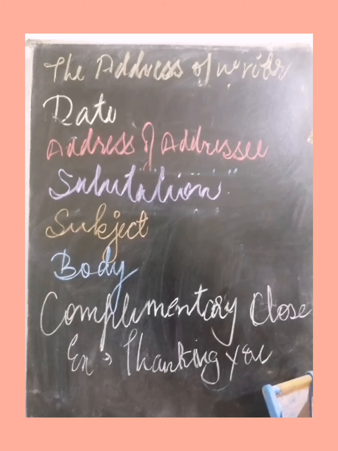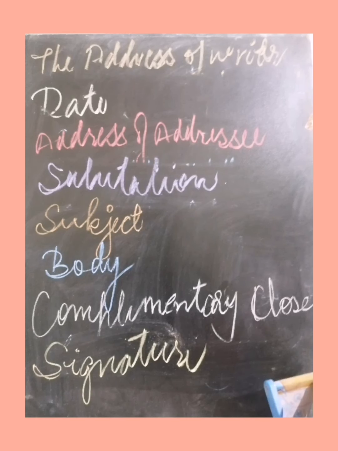After the body, leaving one line, you will write the complimentary close. Complimentary close means that you have to close the letter using words like thanking you or yours sincerely. So this is called the complimentary close after you are finished with the whole body of four paragraphs. Now you also have to understand that the body formula ICES is only for complaint and editor letters. After the complimentary close you will write the signature.